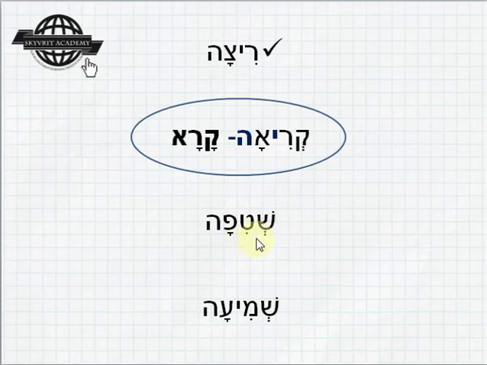Meaning that this dot here that we call in Hebrew chirik, this E sound, the yud is actually part of it. So even if you don't see yud here, you still hear the same pattern: ritza, kri'a, shtifa. You can hear that, shtifa. So even though I do not see any yud here, it still applies.